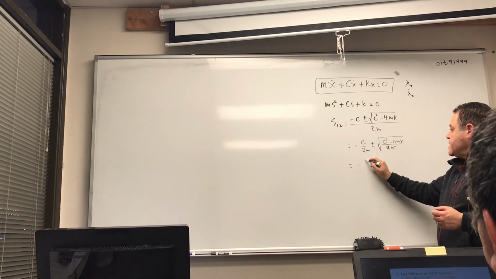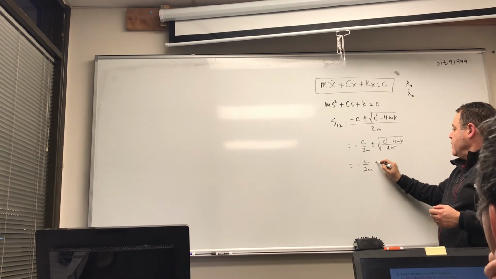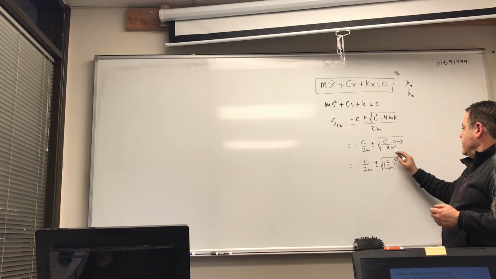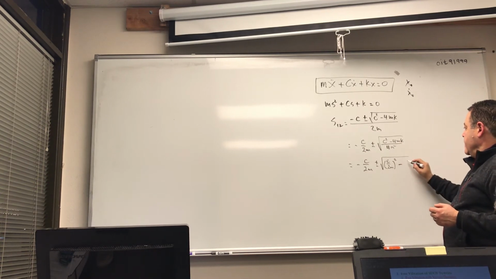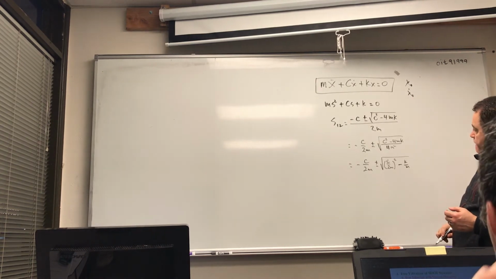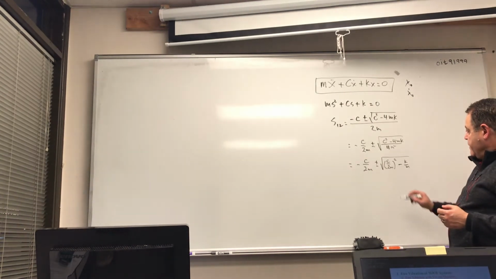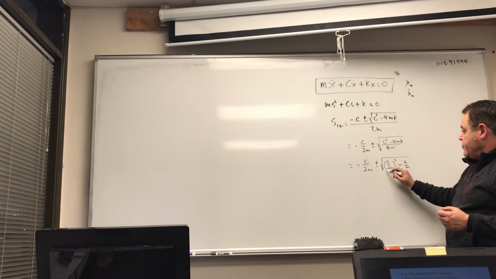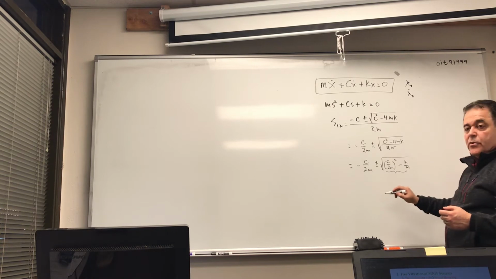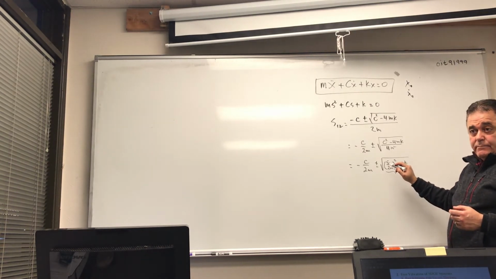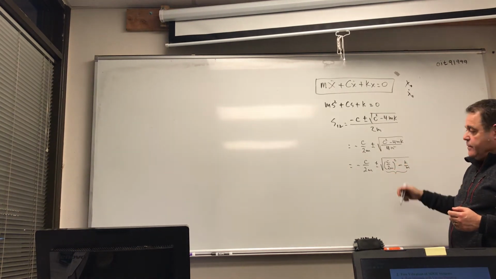So this becomes minus c over 2m plus or minus square root of (c over 2m) squared minus k over m. 2 roots. Now, the 2 roots are going to take an interesting turn depending on the sign of what's inside the radical here. This is the controlling factor, okay?